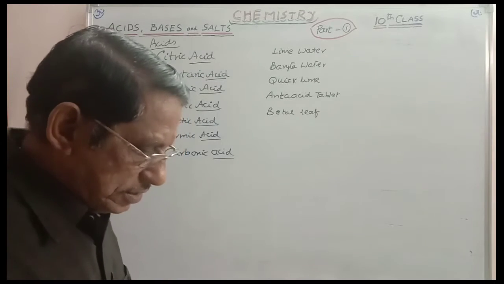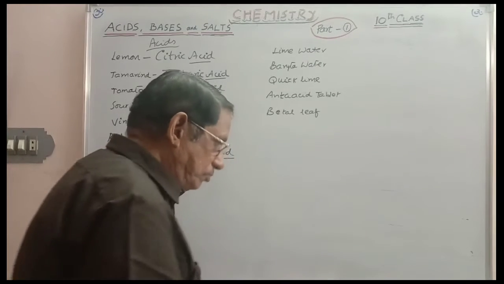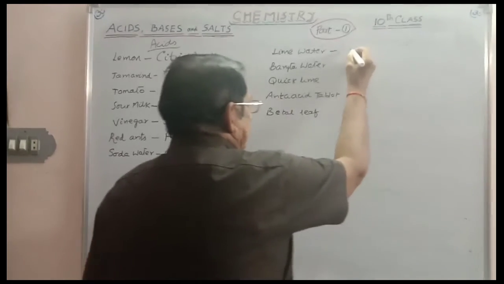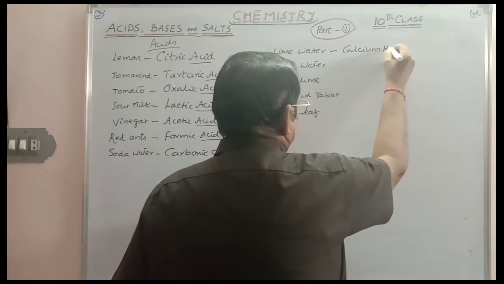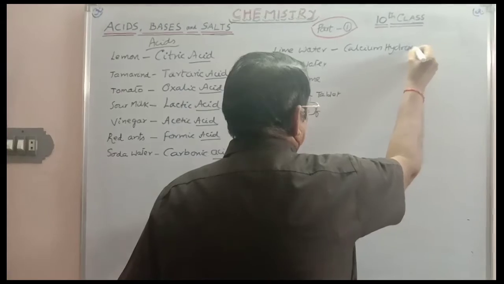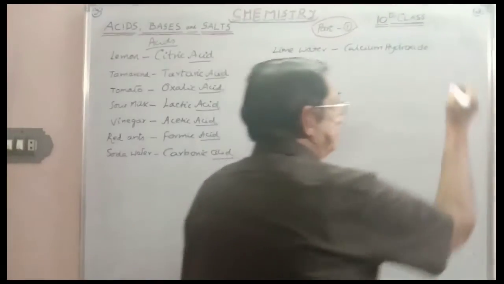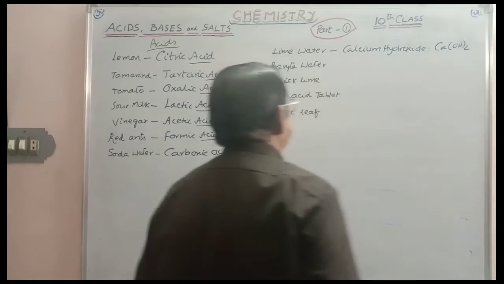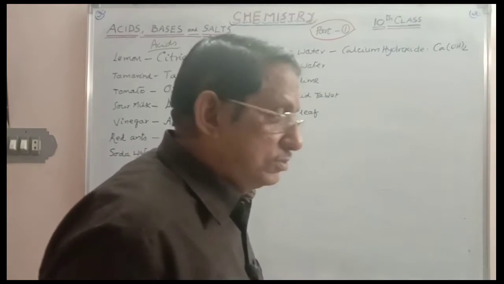Similarly, we can take lime water. Lime water is nothing but calcium hydroxide, for which the formula you know well, Ca(OH)2. Similarly, you are also using baryta water in the laboratory.